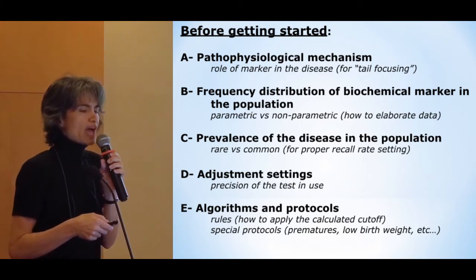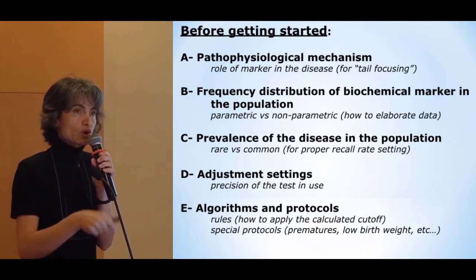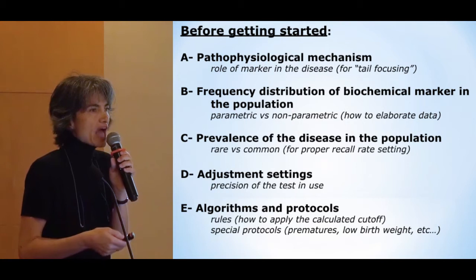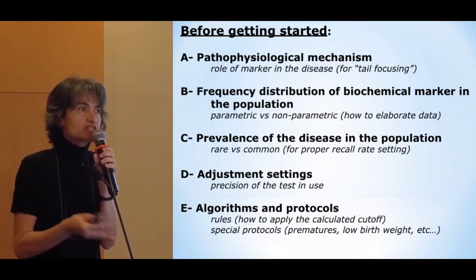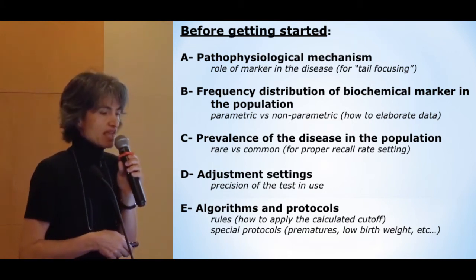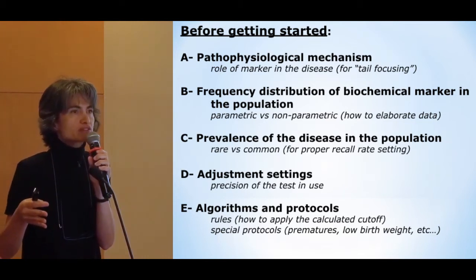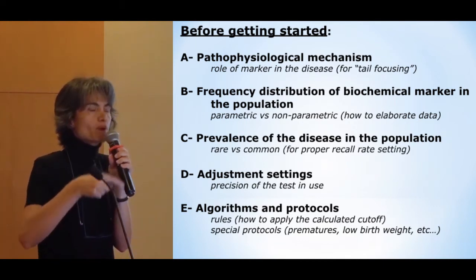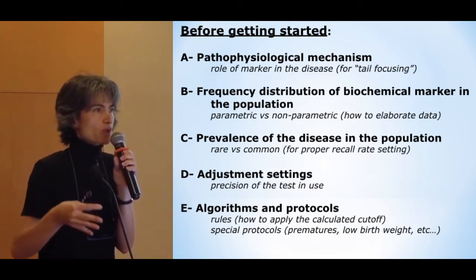And then we have to be well aware of the frequency distribution of your biochemical markers. This is because you have to use the appropriate statistical tools in order to calculate your cutoffs. As you might already know, there are different statistical methods that you can use, depending on how your marker is distributed among the general population.